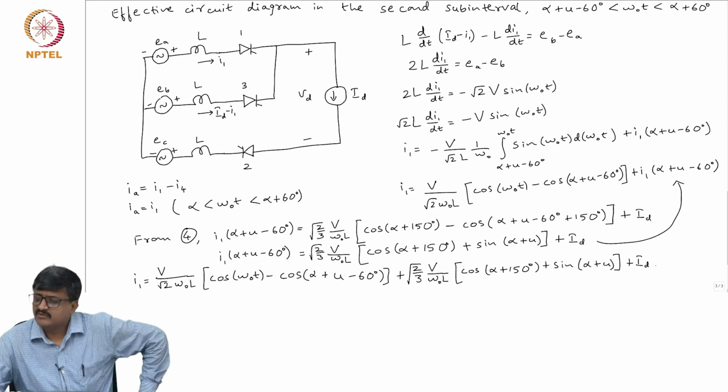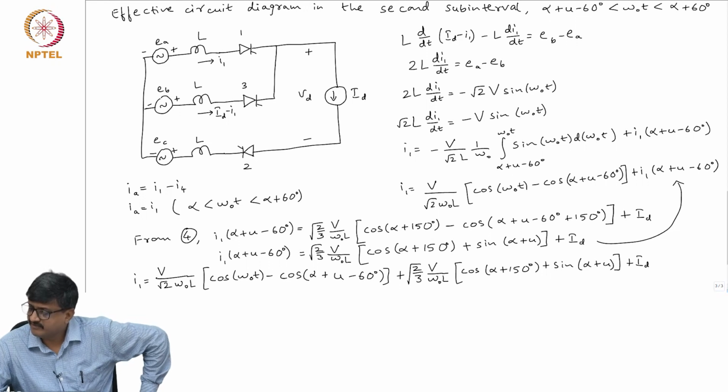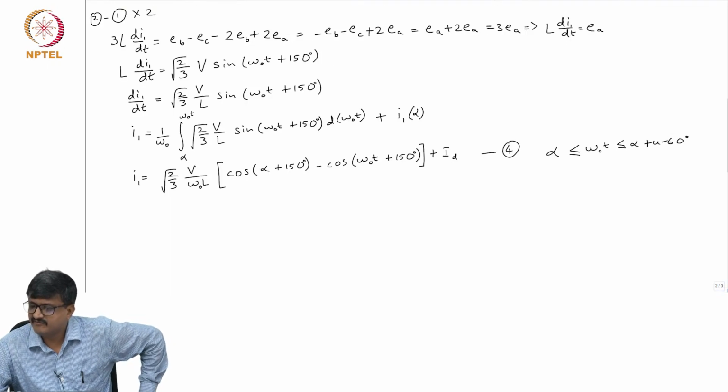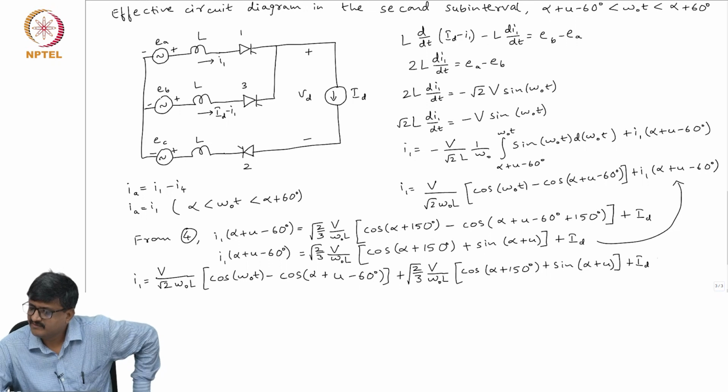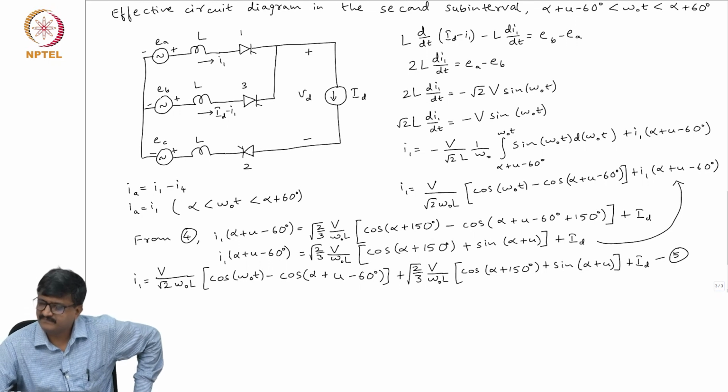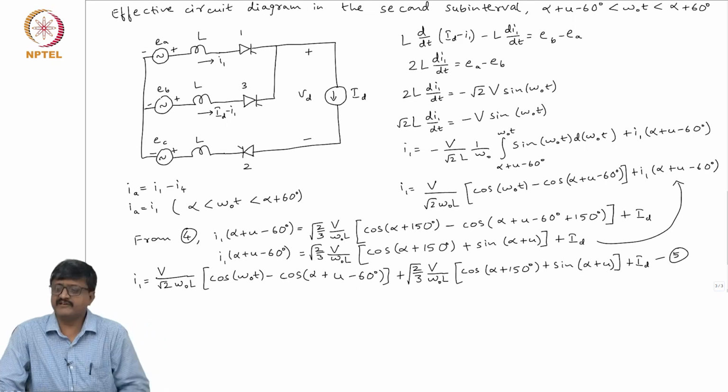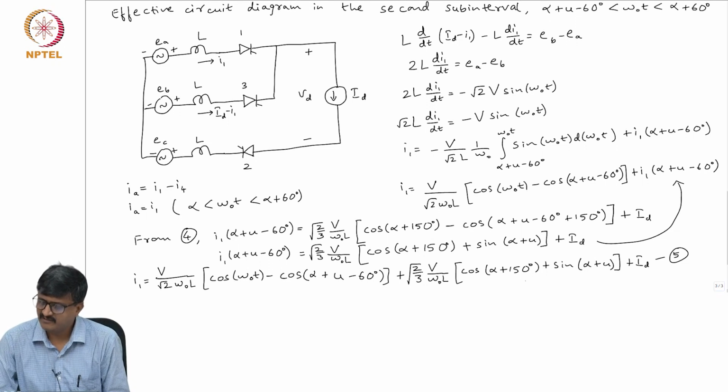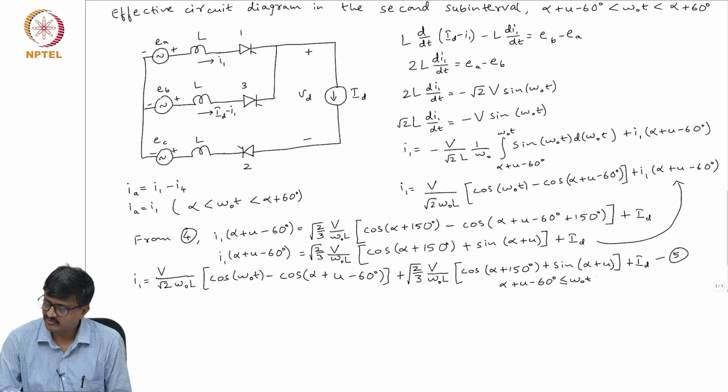Let me give some number for this equation, equation number 5. Equation 5 is applicable from alpha plus u minus 60 degrees to alpha plus 60 degrees.